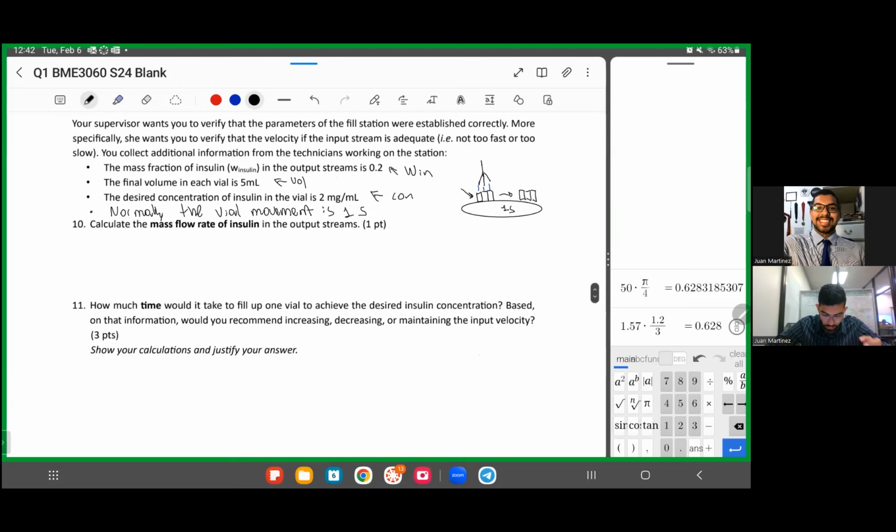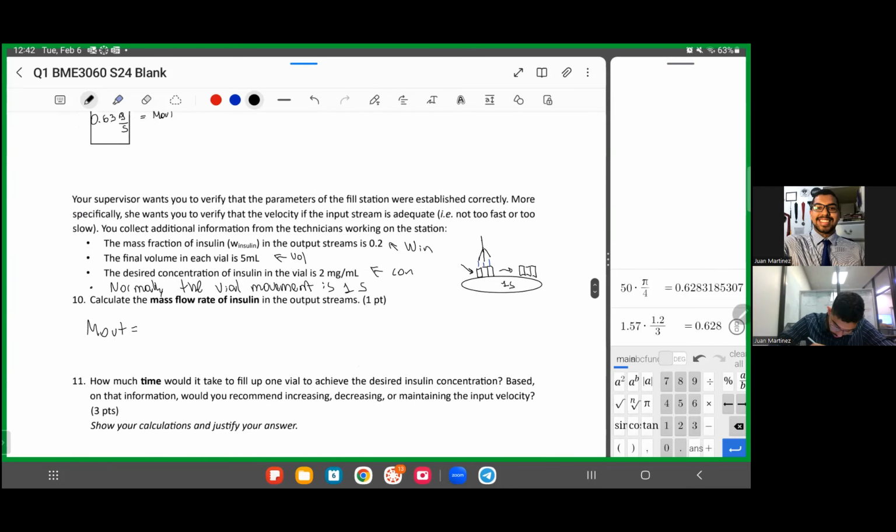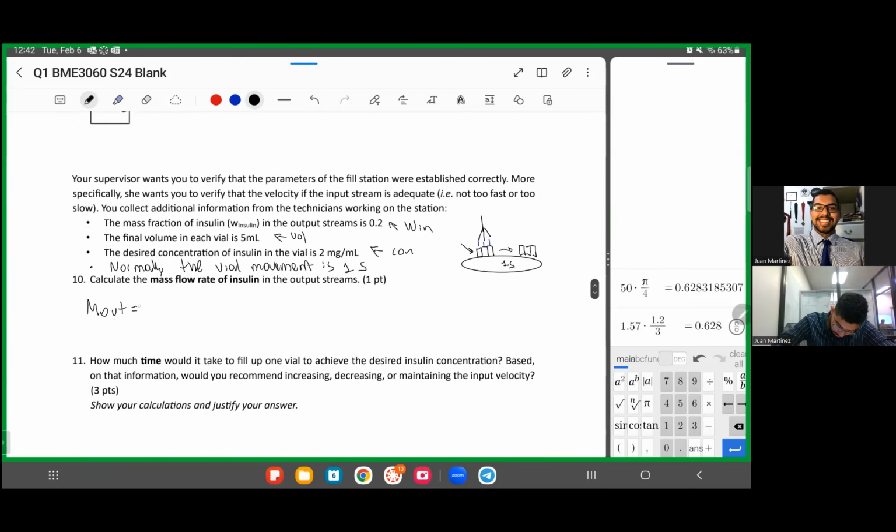And calculate the mass flow rate of insulin. In that case, we're talking about the output stream. So M out, which we already calculated, is equal to 0.63 grams over second.